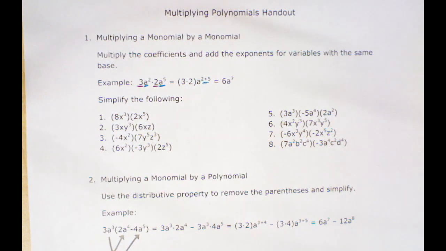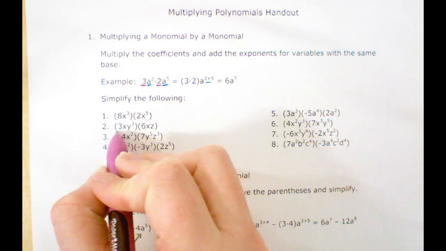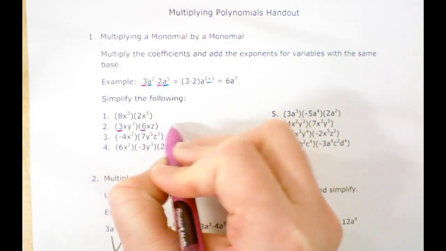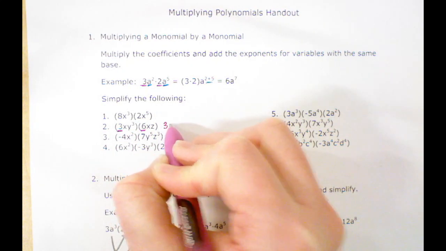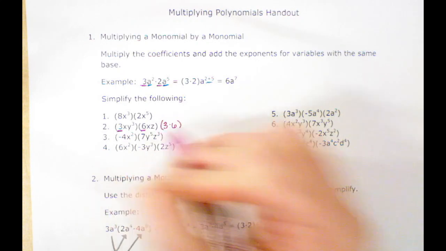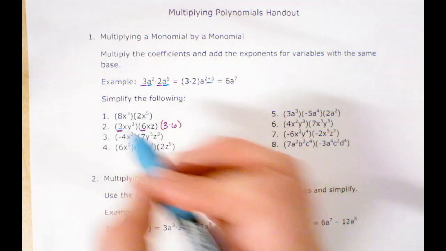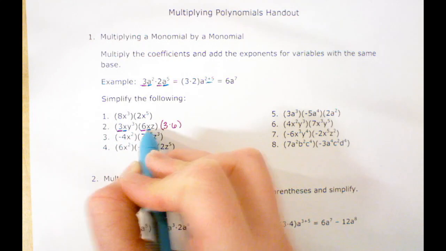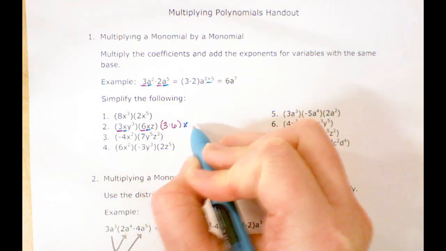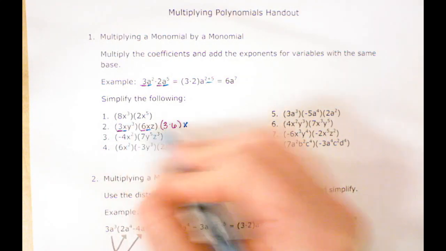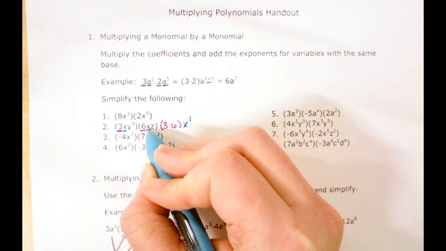Okay? So, on this one, we have 3 times 6. Then we have x times x. So we have x. What's the exponent on this x? 1. What's the exponent on this one? 1.